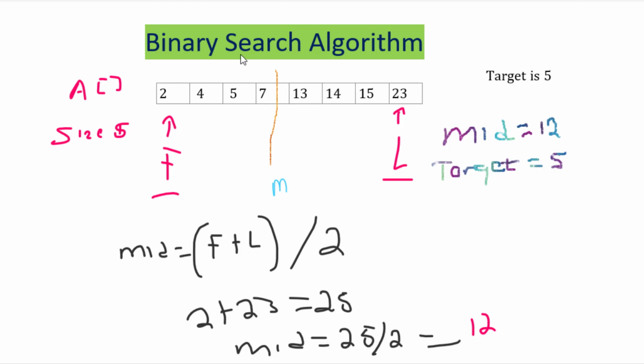Now what the binary search algorithm will do after getting the middle number is that it will compare the middle number with the target. So in our case, is 5 equal to 12? And this will be false.